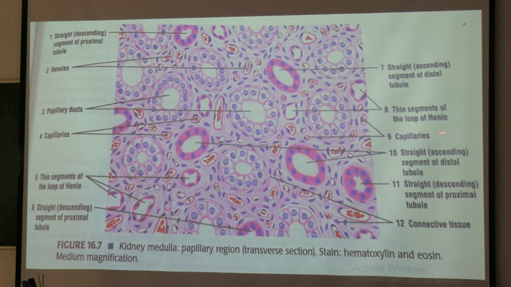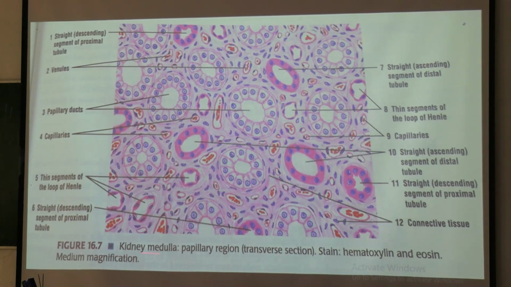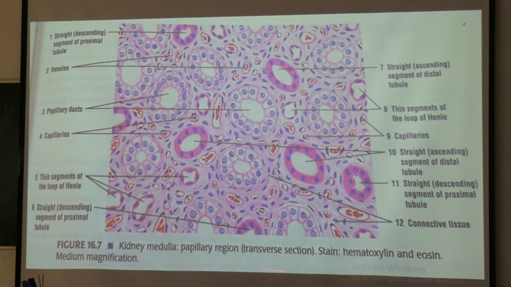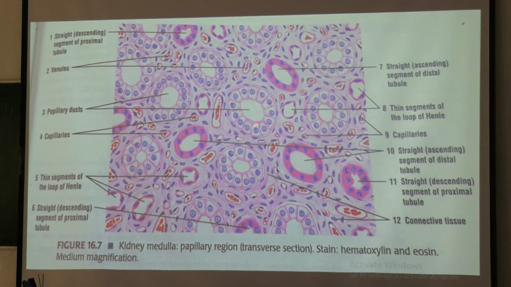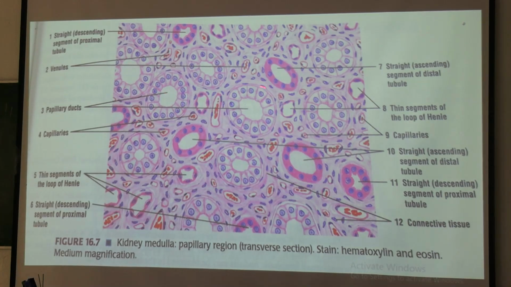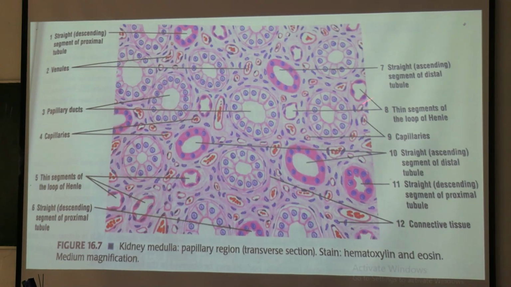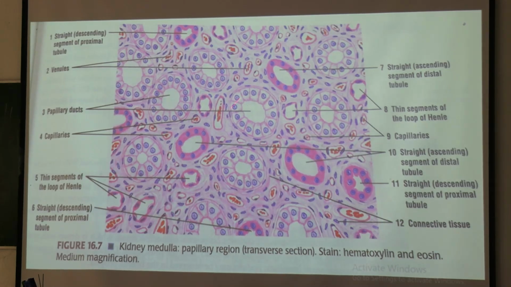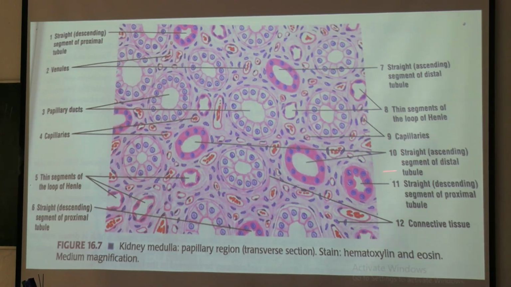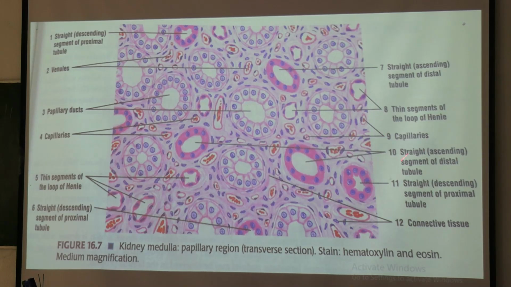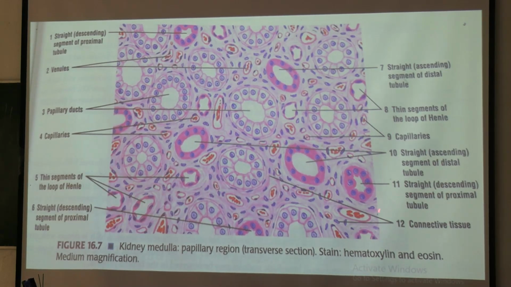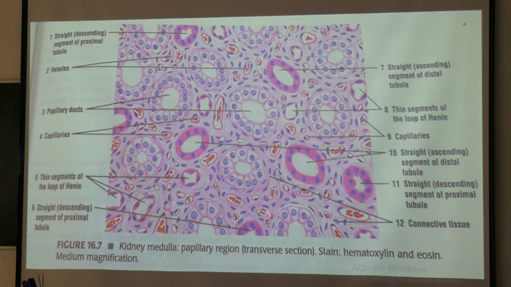Here you can see kidney medulla, papillary region, transverse section. You can see these are the sections of papillary ducts. These are straight ascending segments of distal tubule. Here are straight ascending segments of distal tubule again, and this is a straight descending segment of proximal tubule.